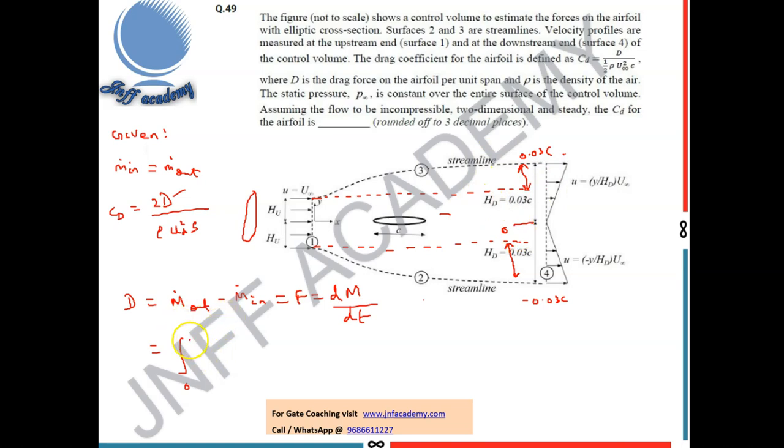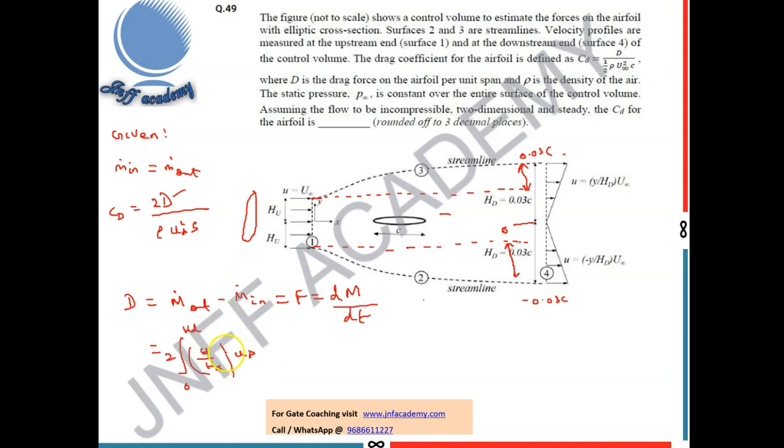So 0 to ht, and the velocity profile is clearly given, y by ht into u infinity. Ideally we have to put 0 to ht, y by ht into u infinity, then plus again minus ht to 0 of minus y by ht.